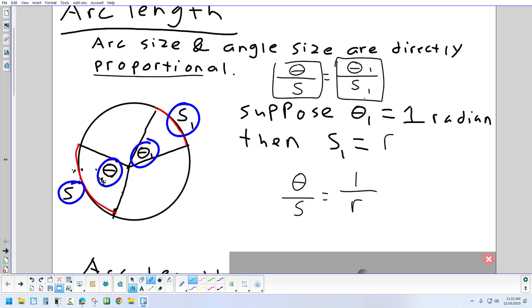Okay. How do you solve a proportion? Yeah, you cross multiply. So what would you multiply here if you do what you just said?